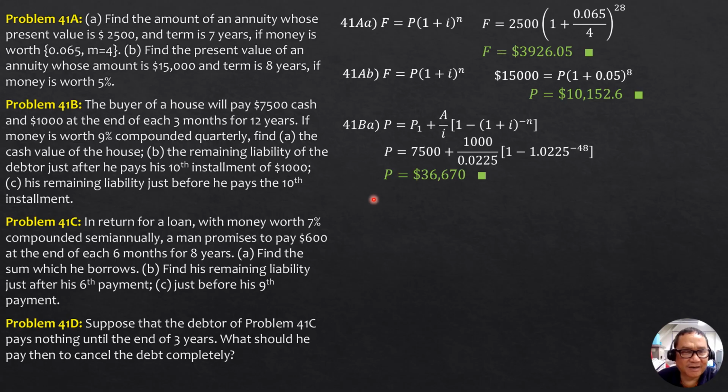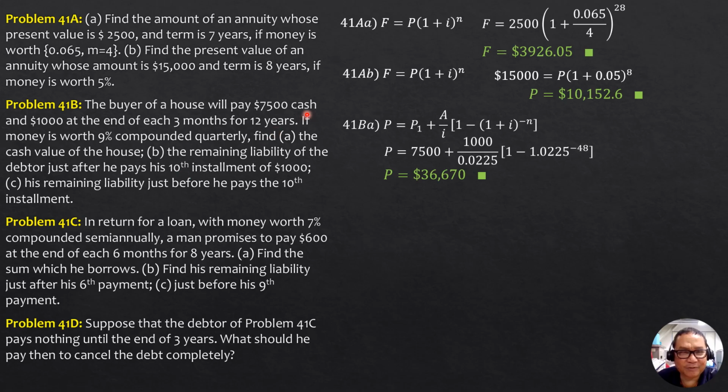Then for part B, the remaining liability of the debtor just after he pays the 10th installment. So after paying the 10th installment, the remaining liability of the debtor is equal to the value at the 10th period of the 11th up to the 48th payments.